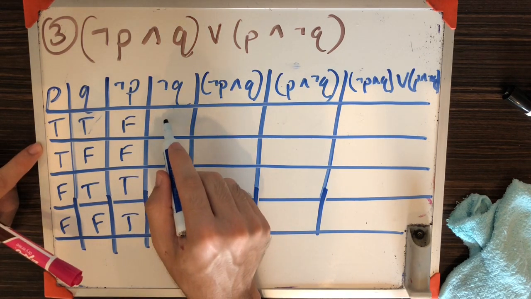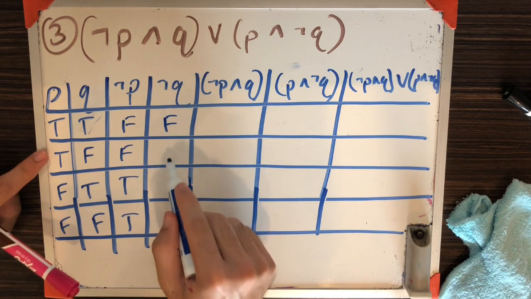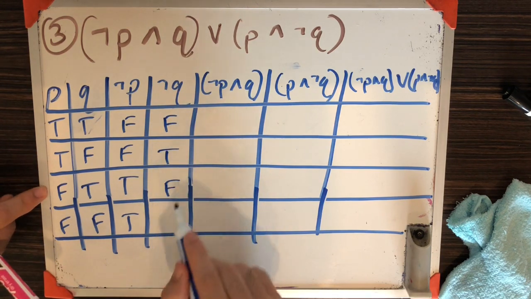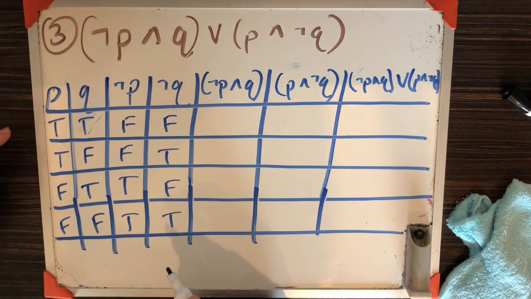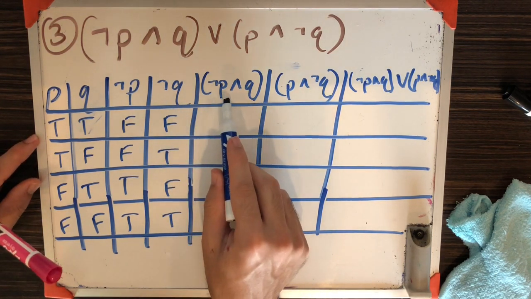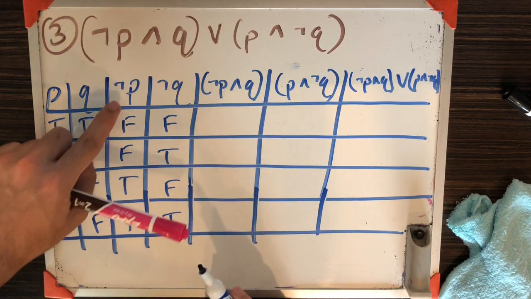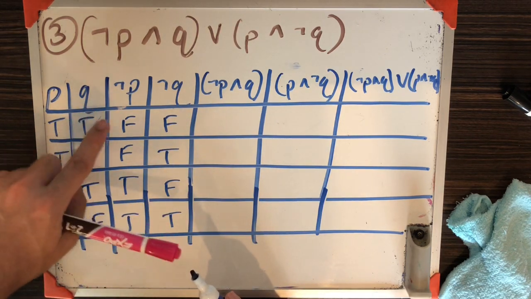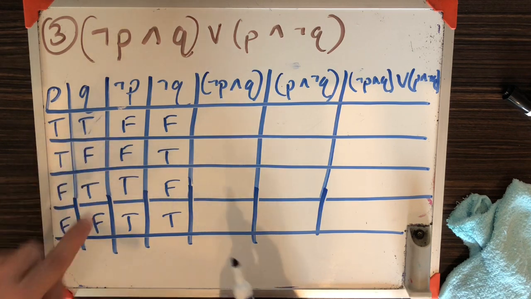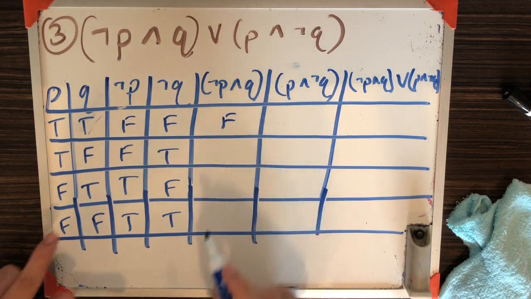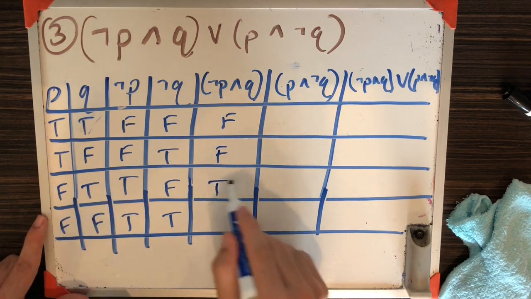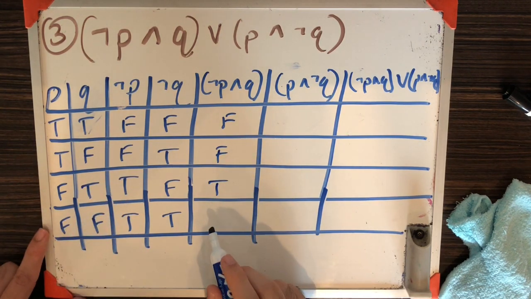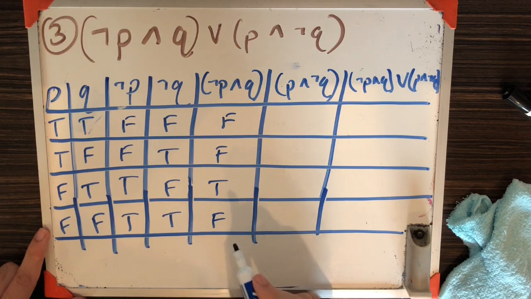Negate Q, well, that's false, true, false, and true. Let's figure out negate P and Q. True and false, well, that would be false. False and false, false. True and true, true. False and true, that would be false.